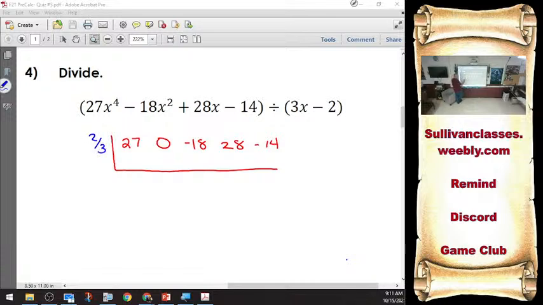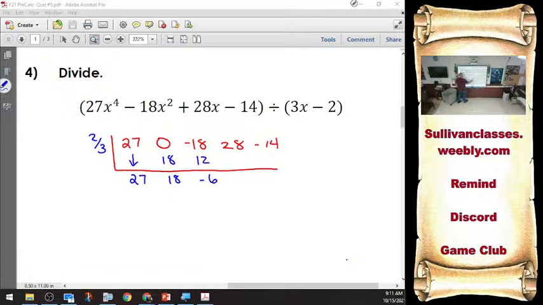2/3. That also means when I get to the end of this, now I have to divide my answer by 3. Okay, so drop it, and say 1/3 of 27 is 9. 9 times 2 is 18. Add them. 1/3 of 18 is 6. 6 times 2 is 12.